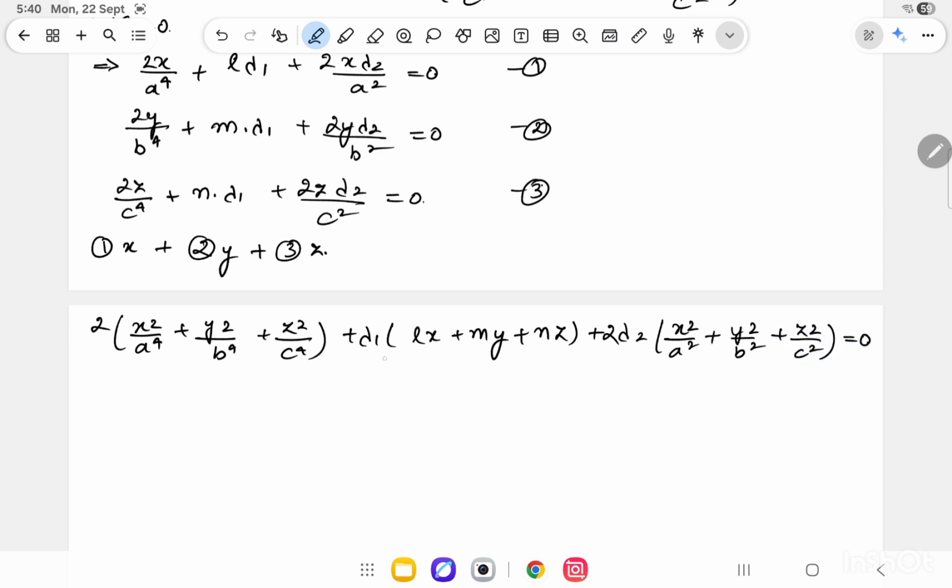And in the question, this term is given to me as 0 and this term is given to me as 1.